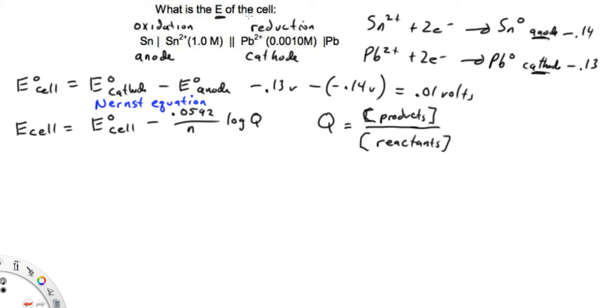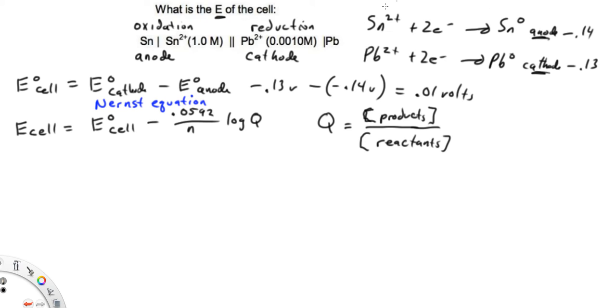And that would be to the power of any coefficient. We don't have a coefficient in this reaction because it's balanced. We have 2 electrons being exchanged, and both are +2, so we don't need any coefficient.